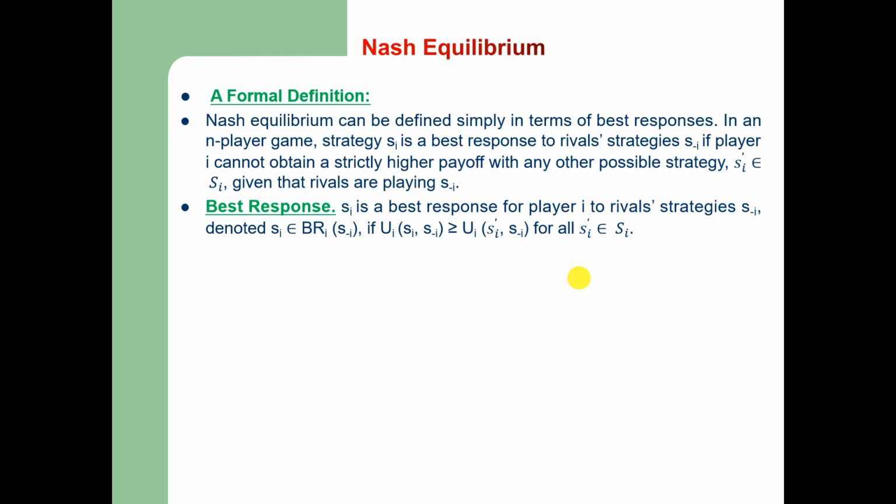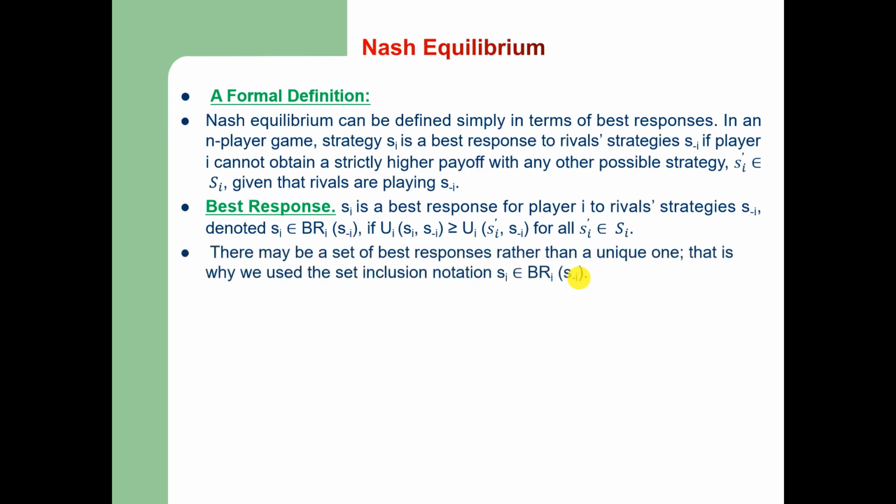If the utility of the ith player from S_i and S sub minus i is greater than or equal to U_i, that is the utility of the ith player, from S_i prime and S sub minus i for all S_i prime belonging to the possibility set. There may be a set of best responses rather than a unique one.